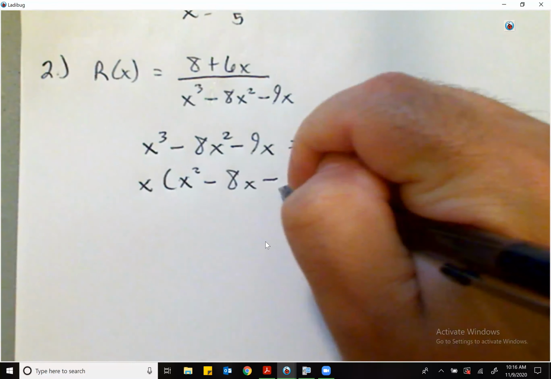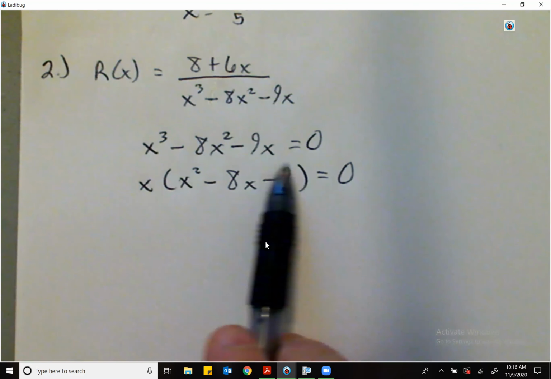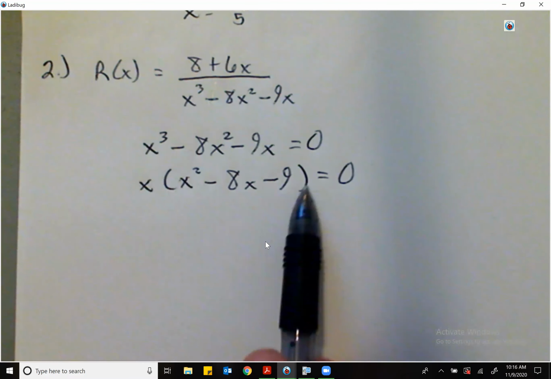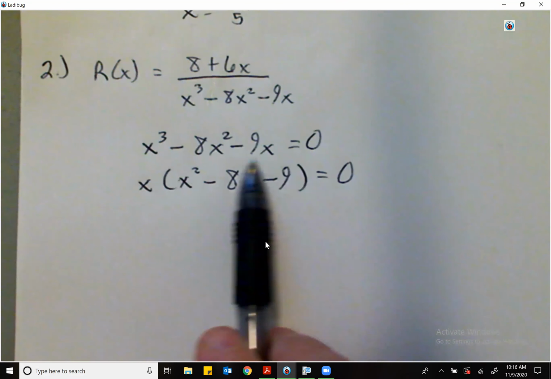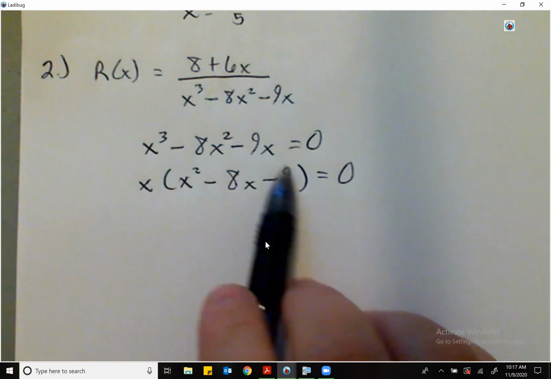Now what are we going to do with this x squared minus 8x minus 9? We've got to continue to factor, because this will continue to factor for us.